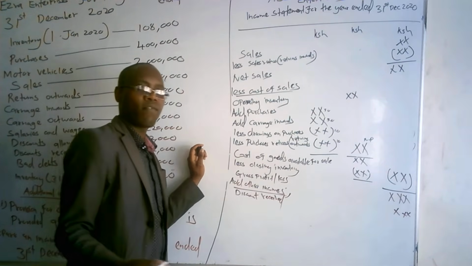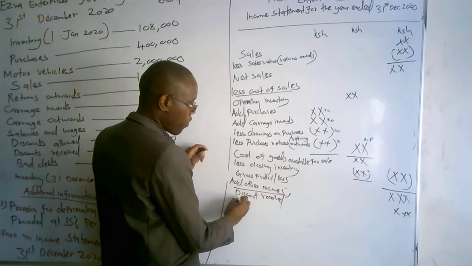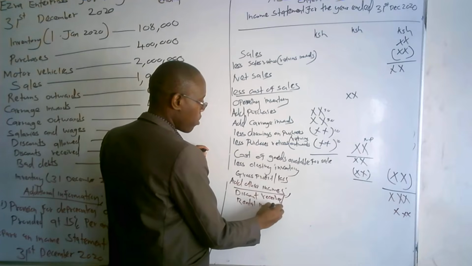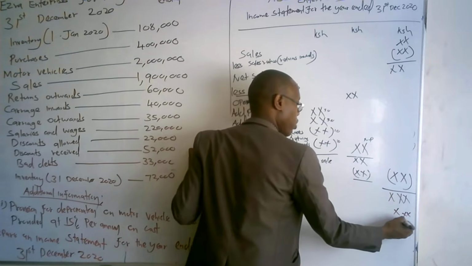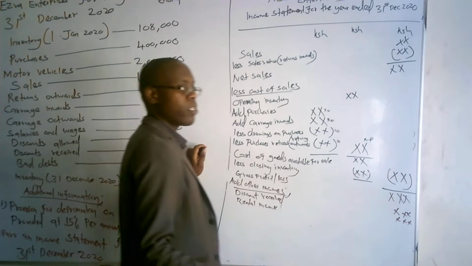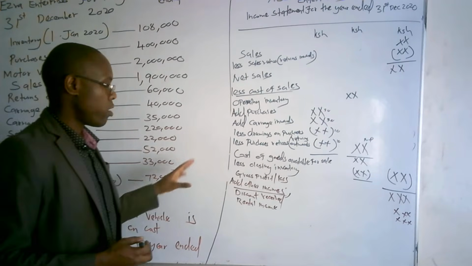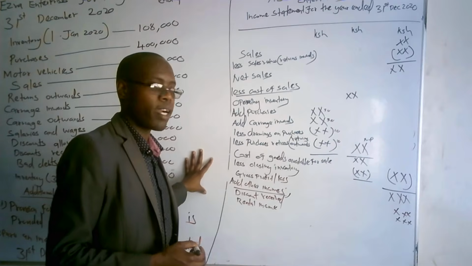Again, we can have rental income, which can also be added here. We can even have a decrease in provision. All decreases in provision are going to be incomes.